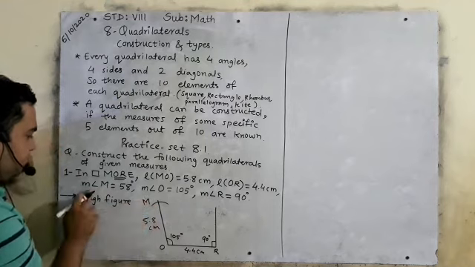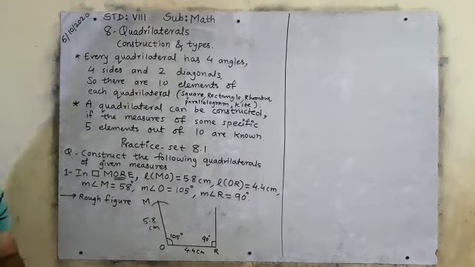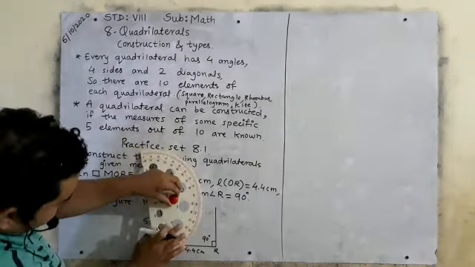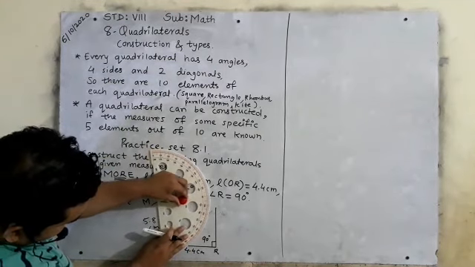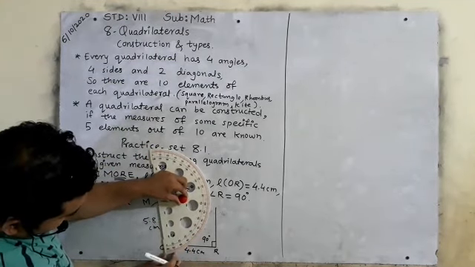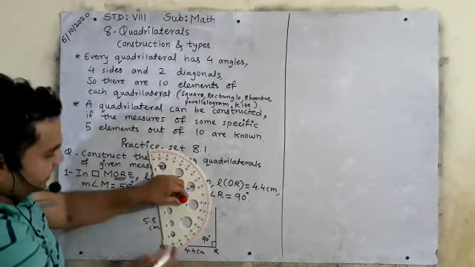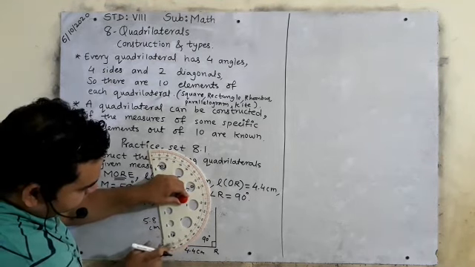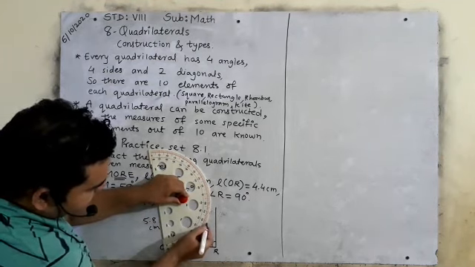So on M, angle M is 58 degree, okay? So I will use protractor. I will use protractor like this. I will keep it on M, and how much degree do you want on M? 58. So you will go 58: 10, 20, 30, 40, 50 and 8.